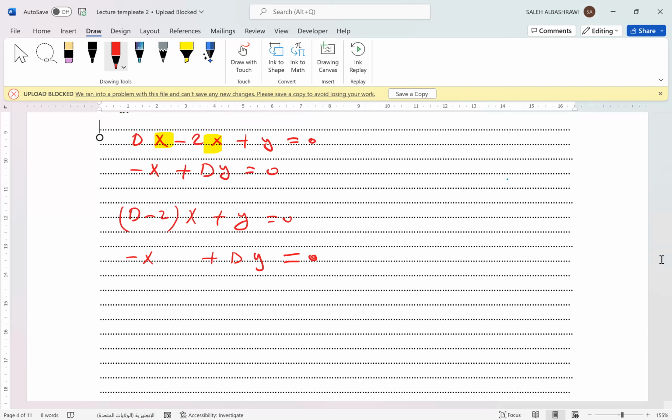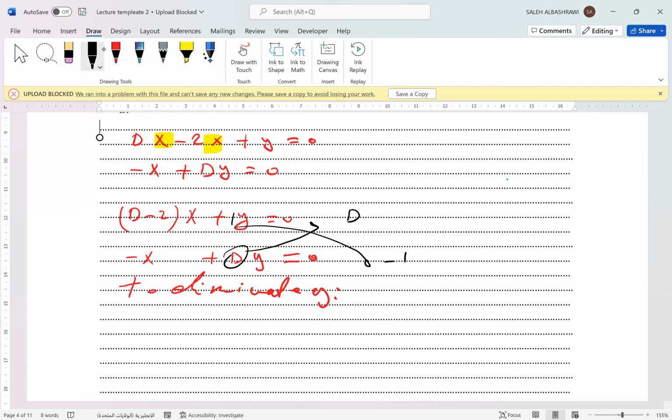To solve the system, I need to eliminate one of the variables, either x or y. Suppose that I need to eliminate y. To eliminate y, I multiply the first equation by the coefficient of y in the second equation, and the second equation by the coefficient of y in the first equation.